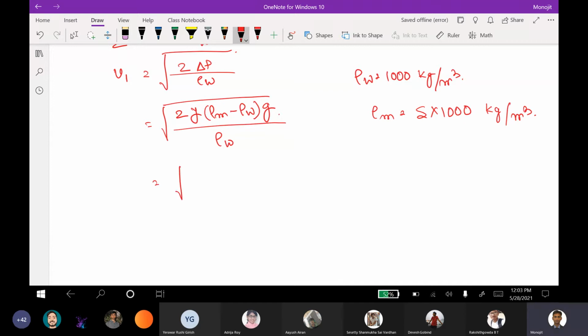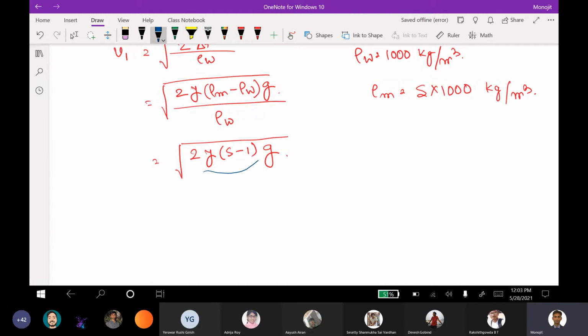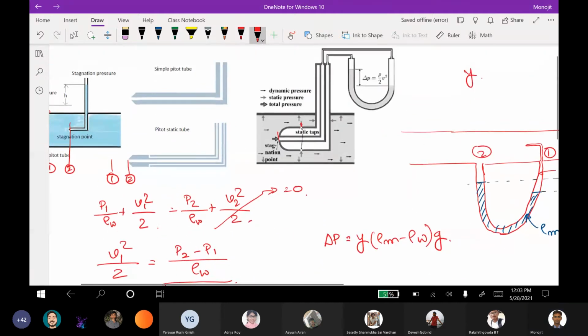If I replace everything here, what I will get? 2 into y into (S minus 1) into g. Now this entire thing I am marking as H. So this would be equal to 2gH, the V1. And what is this V1?